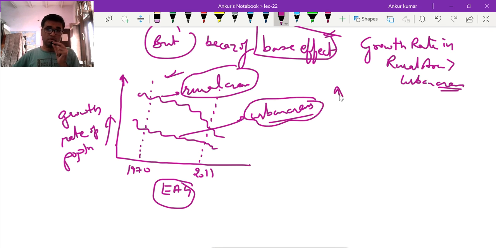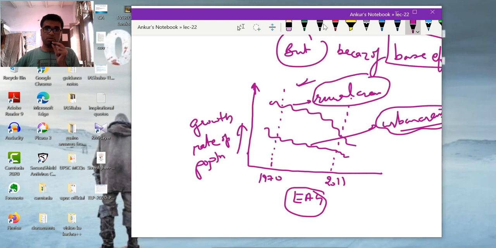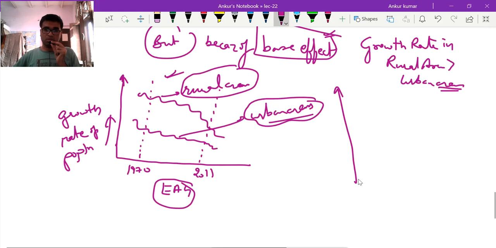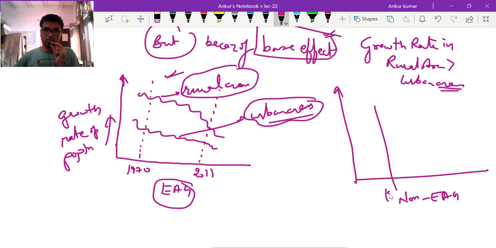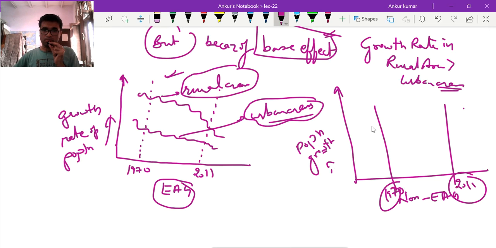But when you see the non-empowered action group states, the non-EAG states, this is 1970 and this is 2011. This is population growth.